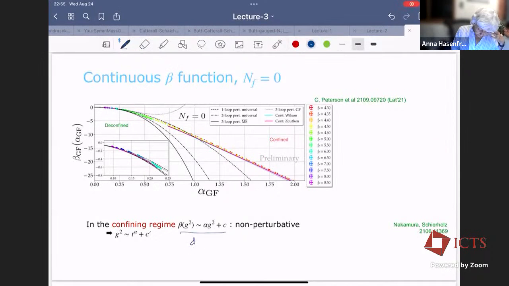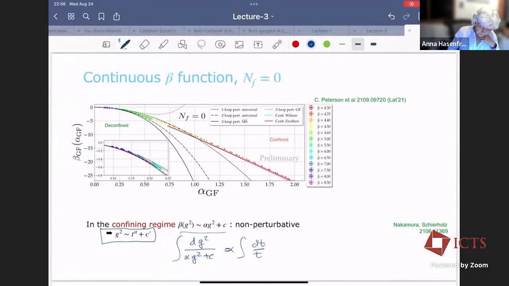If I invert it, the integral of dg squared over (alpha g squared plus c) is proportional to dt over t. And if I solve this equation, I find a relation that simply states that g squared is proportional to T, the flow time, or the energy scale, to the power of alpha plus a constant.